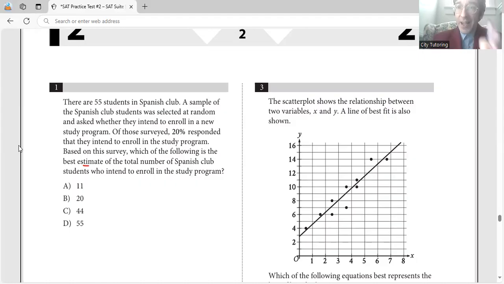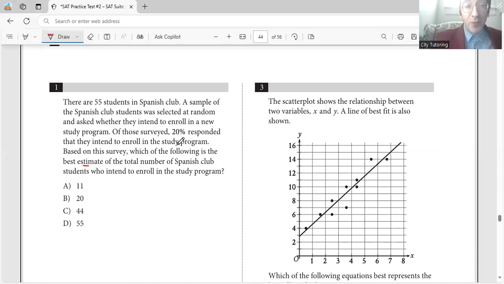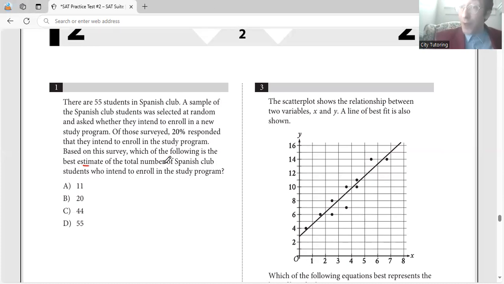Anytime, listen to me on this, when you have a number and a percent, automatically multiply. You have a calculator, some of you, so you could do 20% times 55. I don't have a calculator though, so I'm going to change this to a fraction. All percents are written over 100 as a fraction.